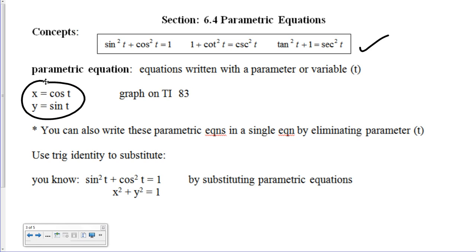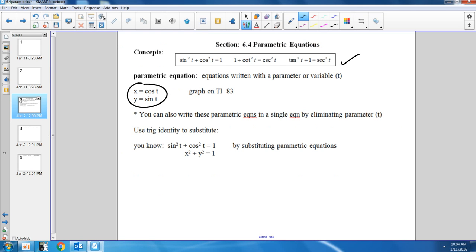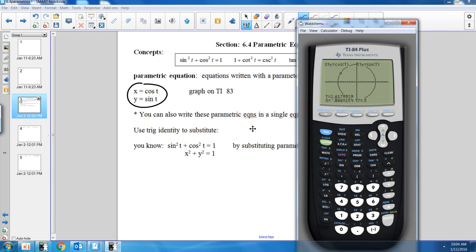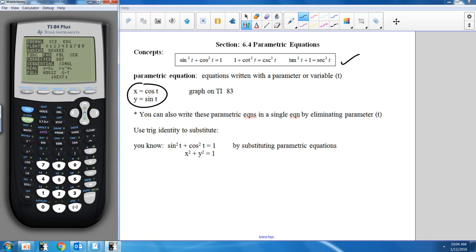All right, let's go back to talking about how we graph parametric equations in the graphing calculator. In your graphing calculator, go to the mode button, which is the setup of the calculator.